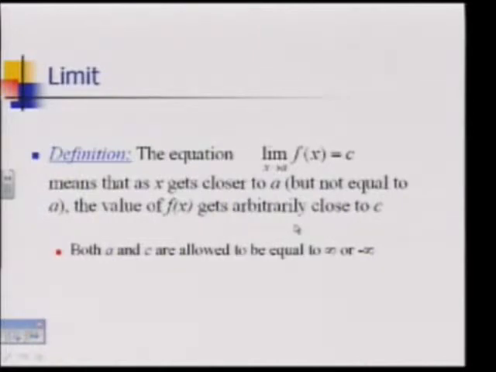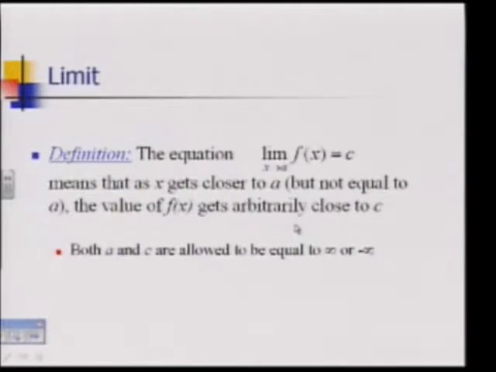Well, the easiest way to say the limit is something like, let me just say x equals a and plug that in. But usually that's not really the mathematical concept of the limit.